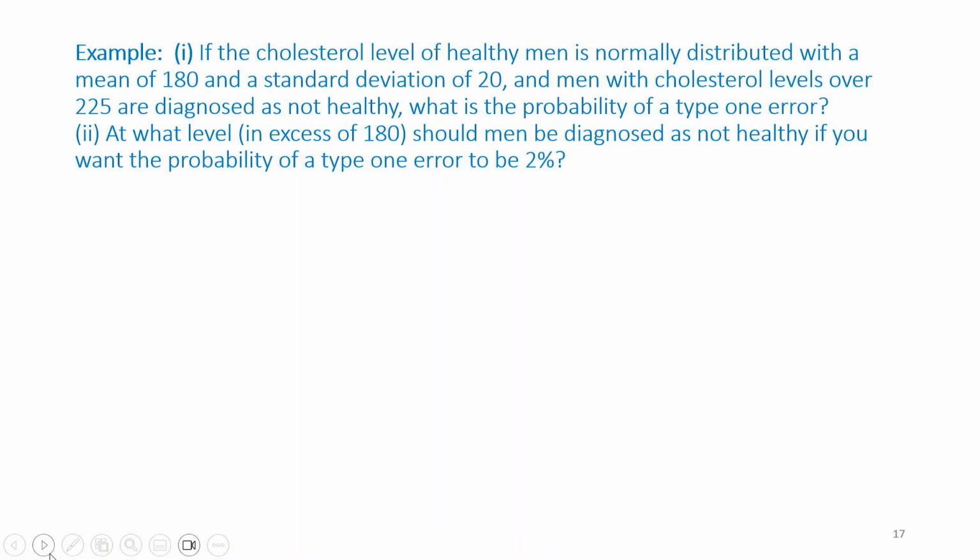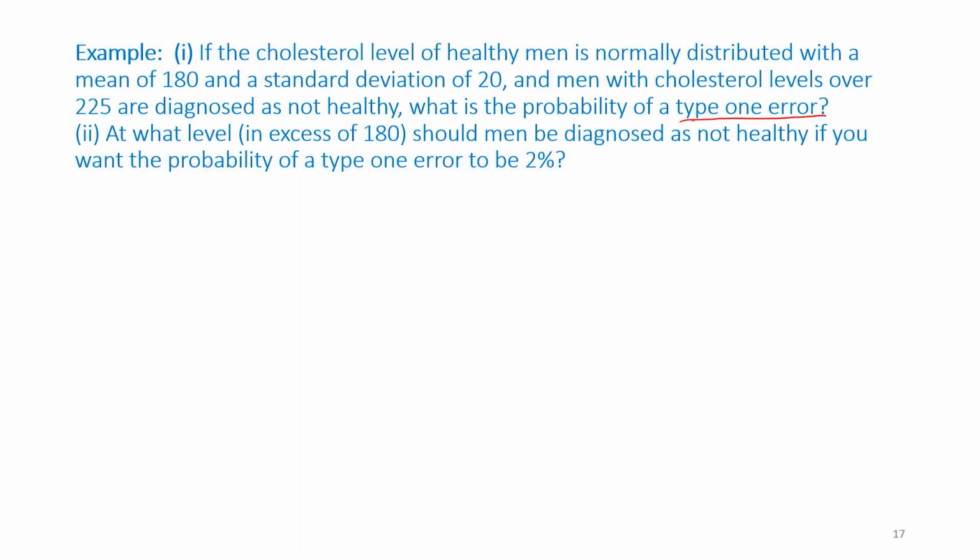And now, men with cholesterol level over 225 are diagnosed as not healthy. What is the probability of type 1 error? We read it again. Cholesterol level of healthy men is normally distributed with mean 180 and standard deviation of 20.